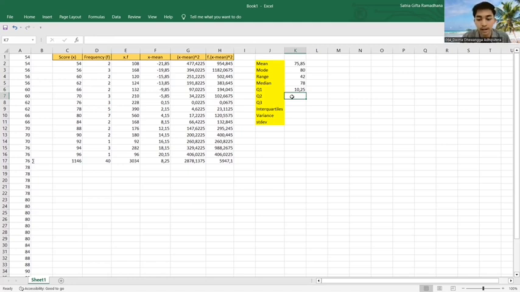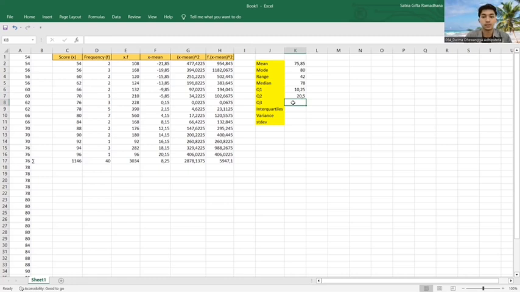And the second quartile, we have to type equal, just like earlier, like the first quartile. Sum of frequency plus 1 and divided by 2. Enter. Now we already have the quartile 2, and next we have to find the quartile 3.